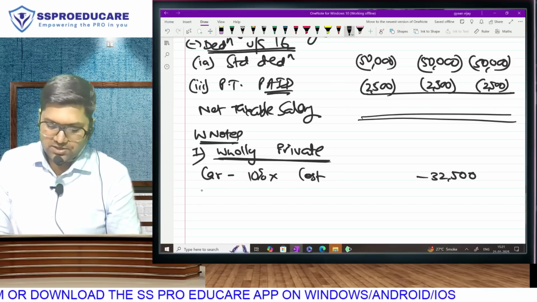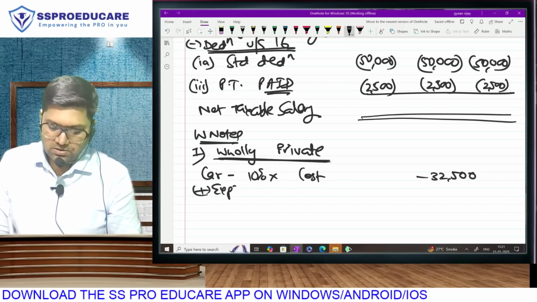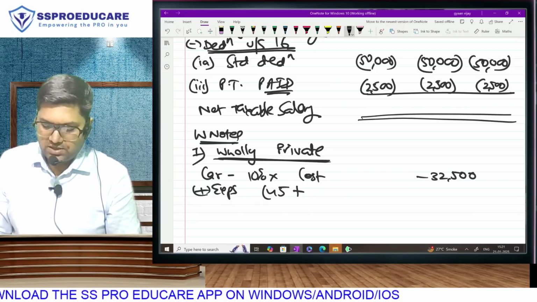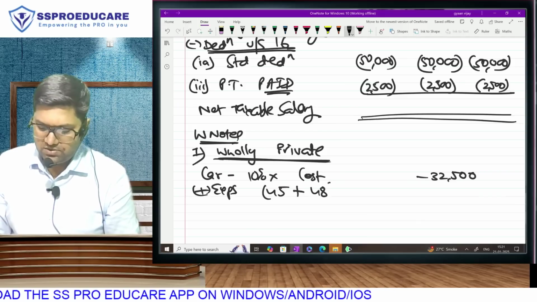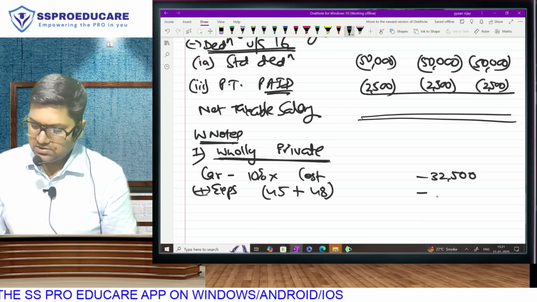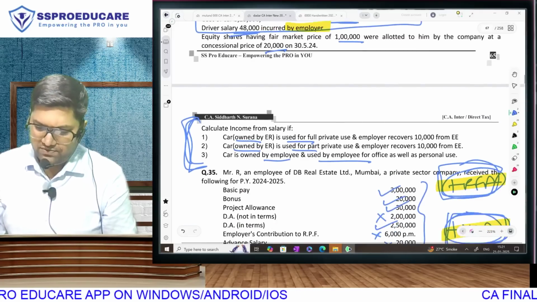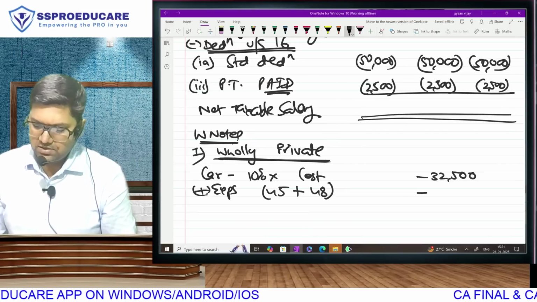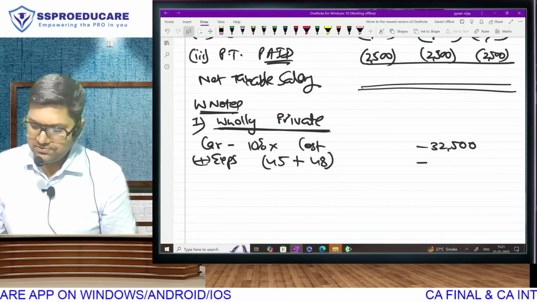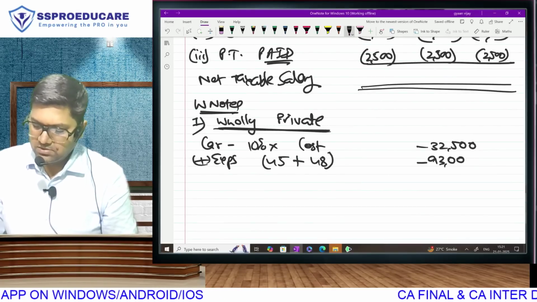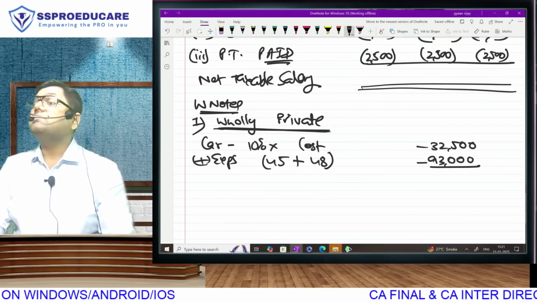And is the boss giving you expense also? Which in the main question only he is doing. I think 45 plus 48. That is 45 expenses and 48 driver. So the total is 93,000. Is this total fully taxable?